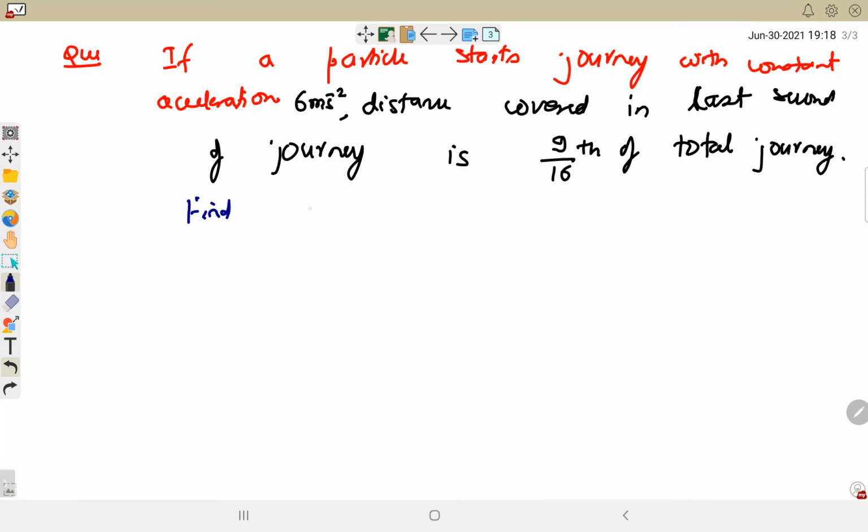Find the total distance of the journey. So you have to figure out which equation we need to use and what information is given.